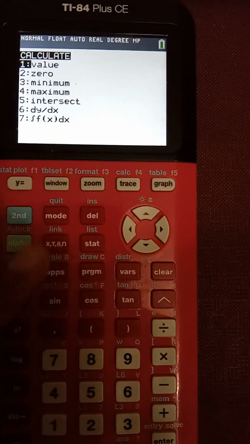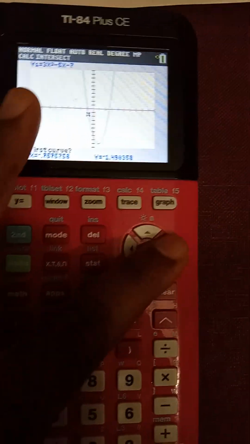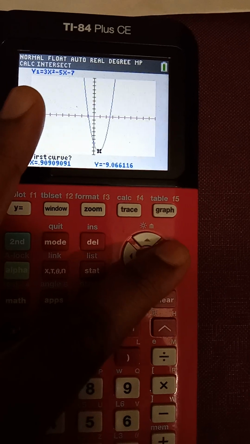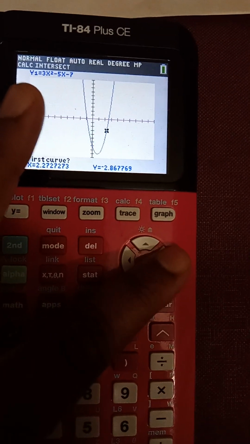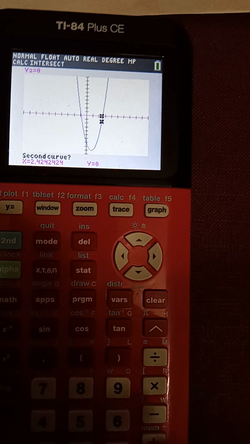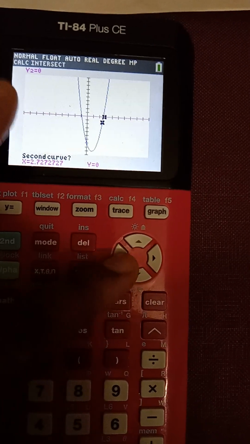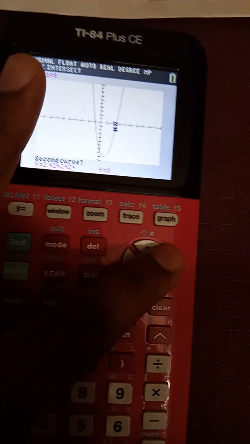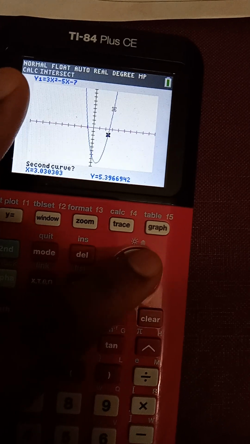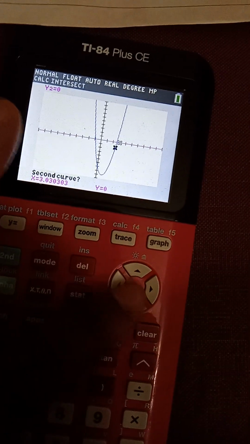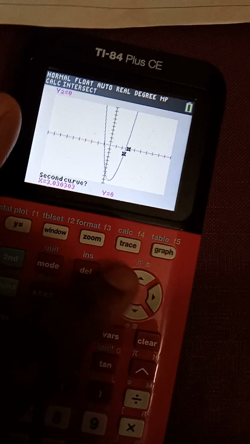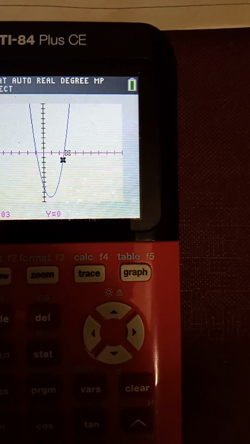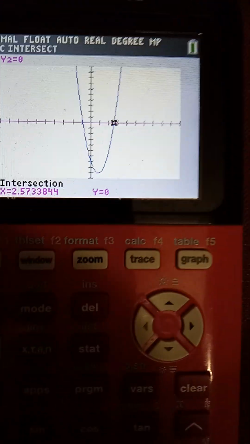Let's go to the right-hand side. So second, trace, intersect. Hit enter there. Enter here. And enter again.